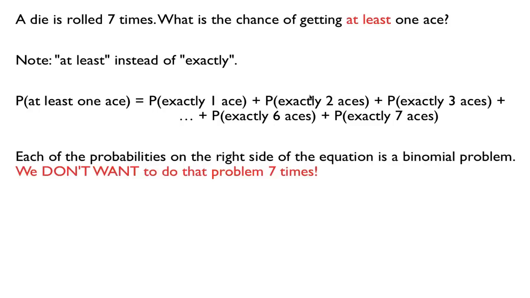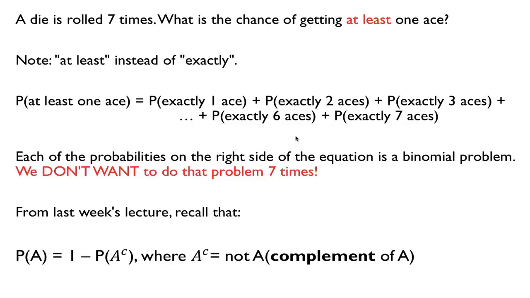But notice this is a very hard problem, because each of those problems, exactly 1 ace, exactly 2 aces, exactly 3 aces, all those are binomial problems. So we have to do the binomial problem 7 times. We don't want to do it that way. We don't want to use the binomial formula 7 times. So the trick is to use a formula from one of the previous lectures.